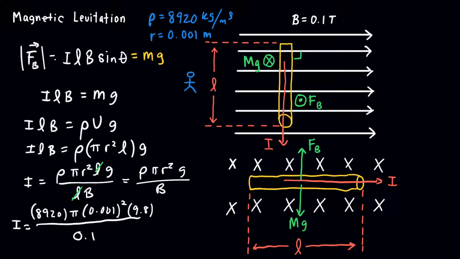If you plug in those values, you'll find that the current would need to be about 2.75, and since I've used standard units for all those numbers, that current will be measured in amps. 2.75 amps is a pretty substantial current.